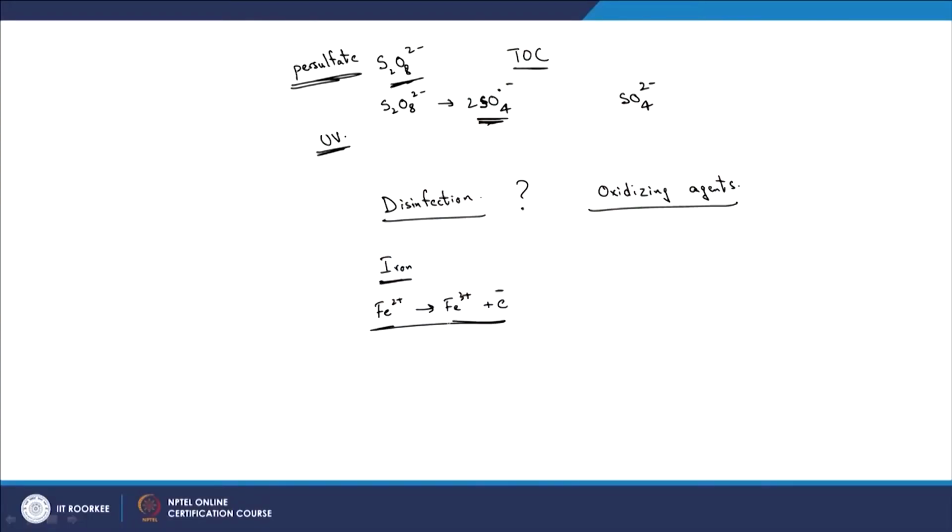So obviously if you want to remove iron, you can oxidize it and it will precipitate out, as Fe(OH)3, the solid form, right? Obviously Fe2+ is a reducing agent because it's the electron donor here, right?